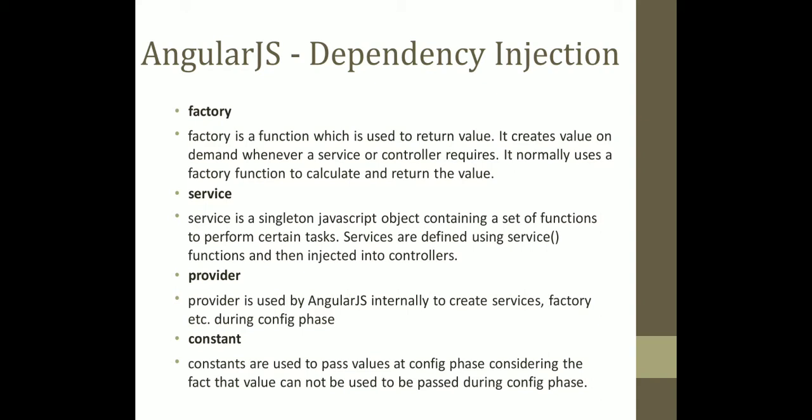Next, the fifth component is constant. Constants are used to pass values at config phase, considering the fact that value cannot be passed during config phase. So in the config phase, the values are passed by the constants.